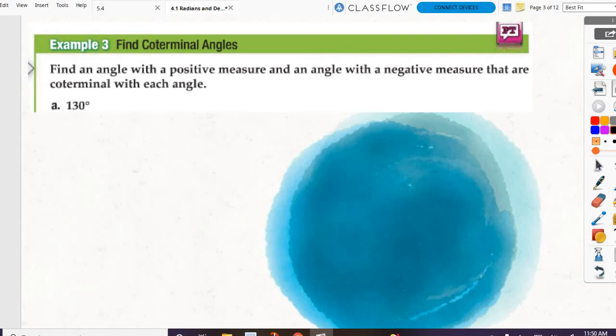So let's go ahead and graph or draw 130 degrees in standard position. So where did we say our initial side is going to be? Positive x-axis. And our vertex is going to be 0, 0, or the origin.